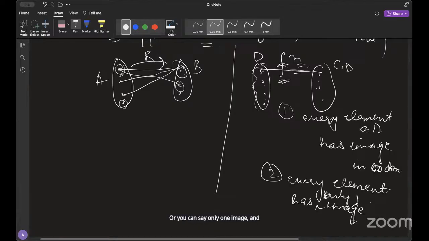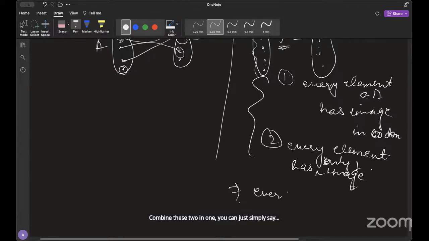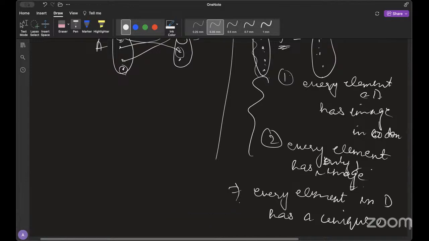And if you have to combine these two in one, you can just simply say every element in D, in your domain, has a unique image. Or let's just not say unique, has one image, has only one image.